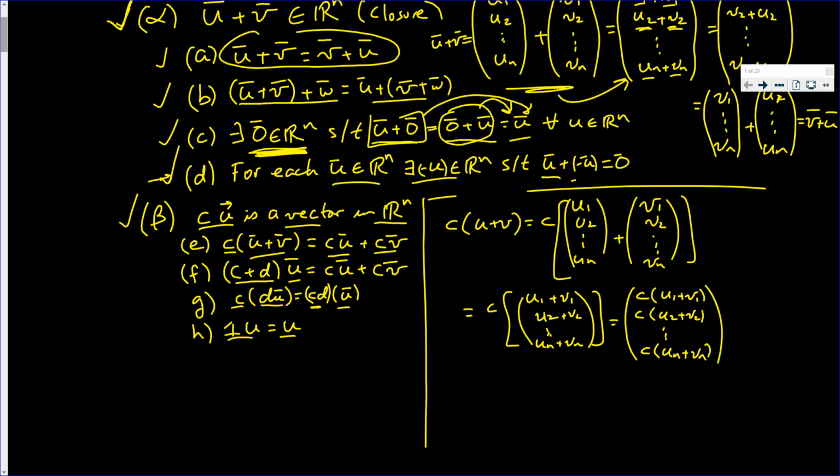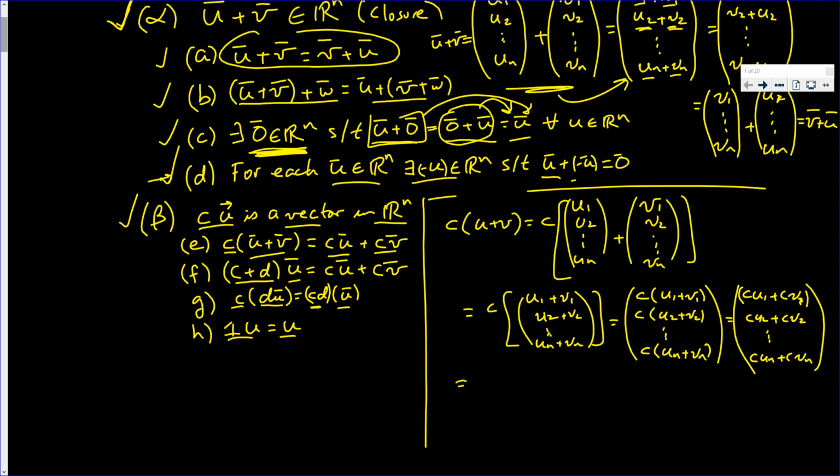But u, v, and c are real numbers. So distributing the c, we have cu1 plus cv1, cu2 plus cv2, all the way down to cun plus cvn.